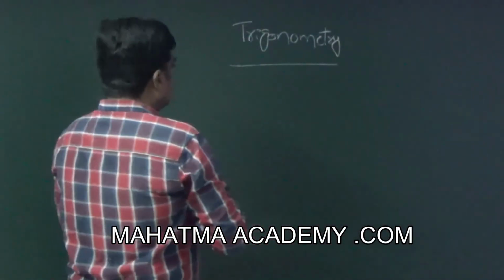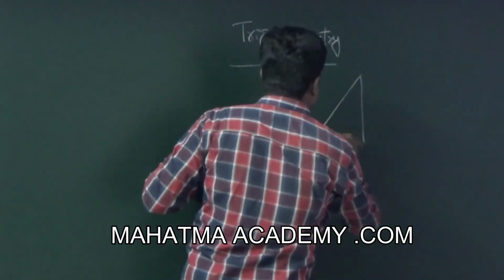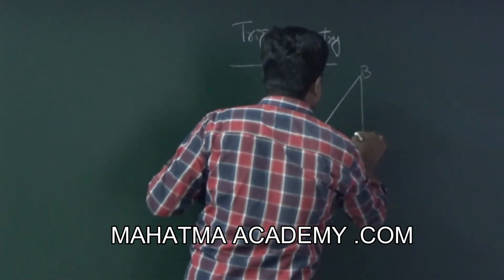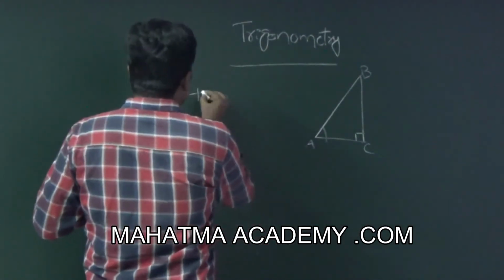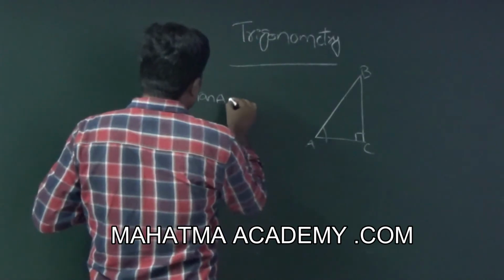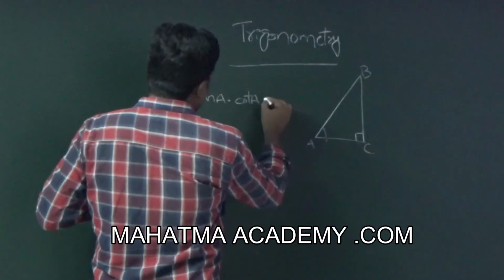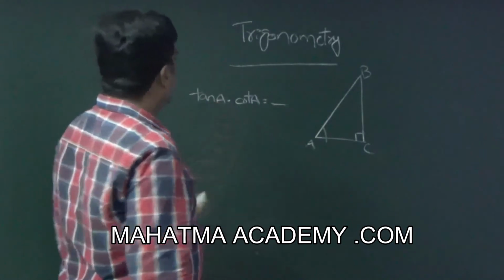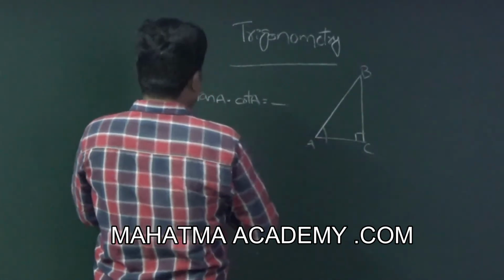Now, this is the right angle triangle. This is A, this is B, this is C. Suppose now, what is tan A into cot A equal to?